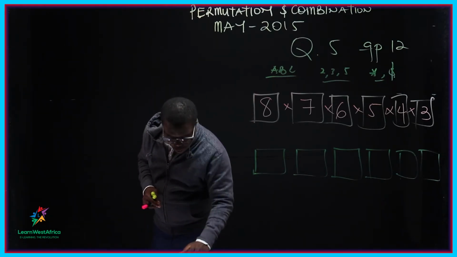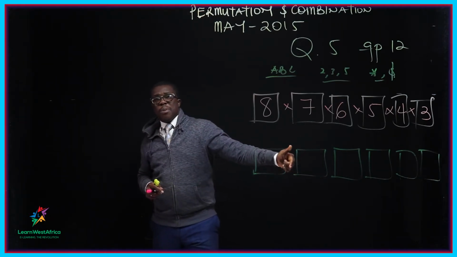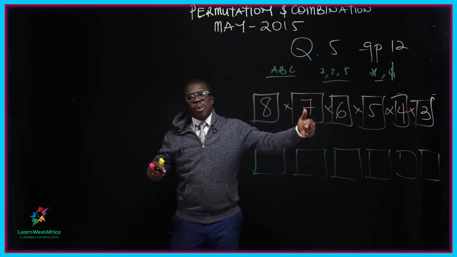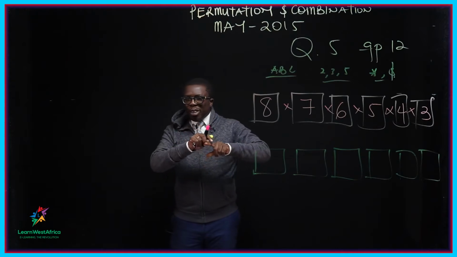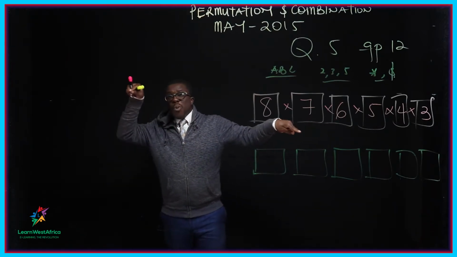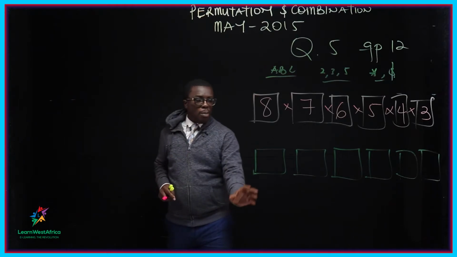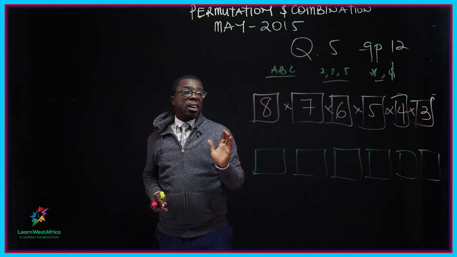Good. So we are saying that it starts with a letter, finishes with a symbol. That's where the restrictions are. So our restriction is always on the start and the finish. We don't just go and begin writing our numbers. We have to deal with those particular points first. Our start: it says that it should start with a letter.